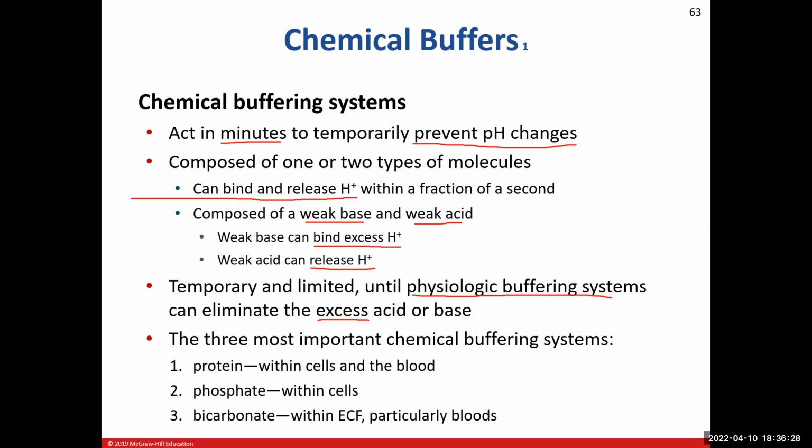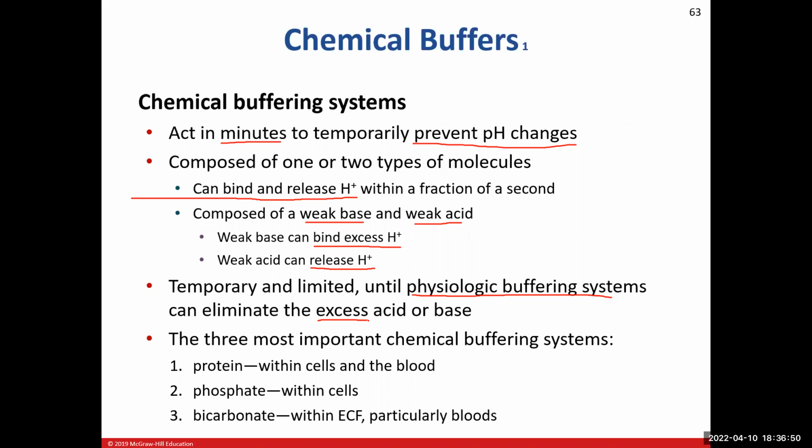Okay, so the buffering systems are like that little boy putting his finger in the dam, stopping the leaking of water for a short period of time. And it's not until the physiological buffering systems move into effect that we're going to eliminate and get rid of the excess acids or bases.